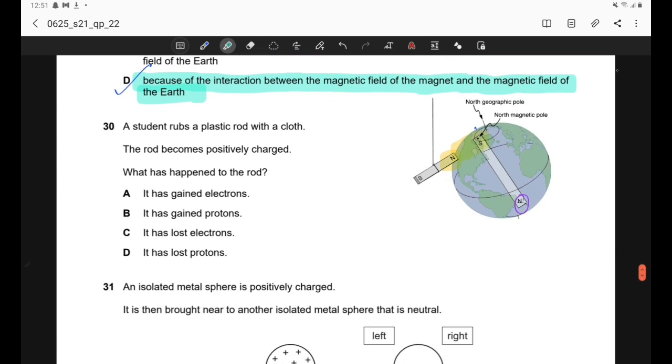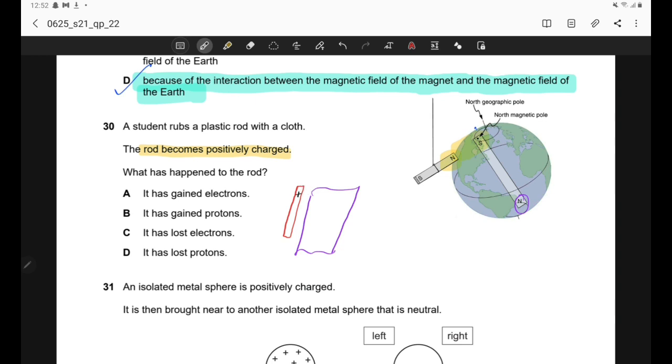Question 30. A student rubs a plastic rod with a cloth. The rod becomes positively charged. What happens to the rod? So there we have a plastic rod and a piece of cloth. When the student rubs the plastic rod with the cloth, the rod becomes positively charged.